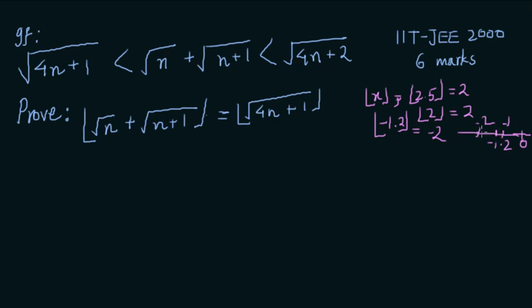The integer just to the left of it is clearly minus 2, because minus 1 is actually greater than minus 1.2, so that won't be the answer. Okay, let me just erase this.